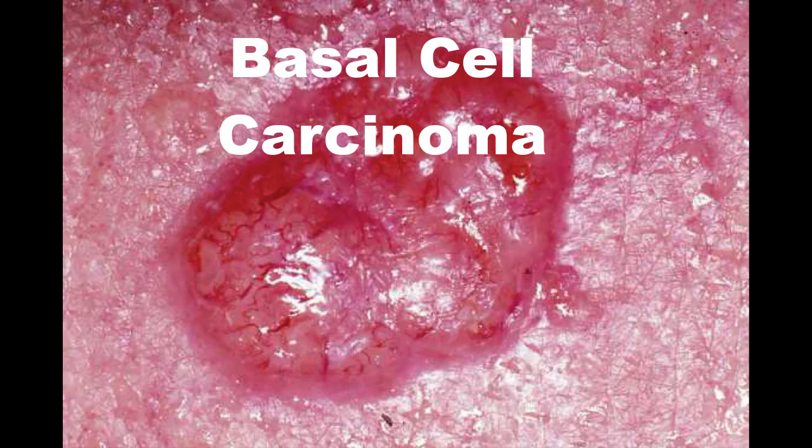Although UV rays are the main culprit, exposure to other agents such as radiation and arsenic can also lead to this type of cancer. Wounds on the skin due to open sores, tattoos, burns, etc. may be predisposing factors as well.